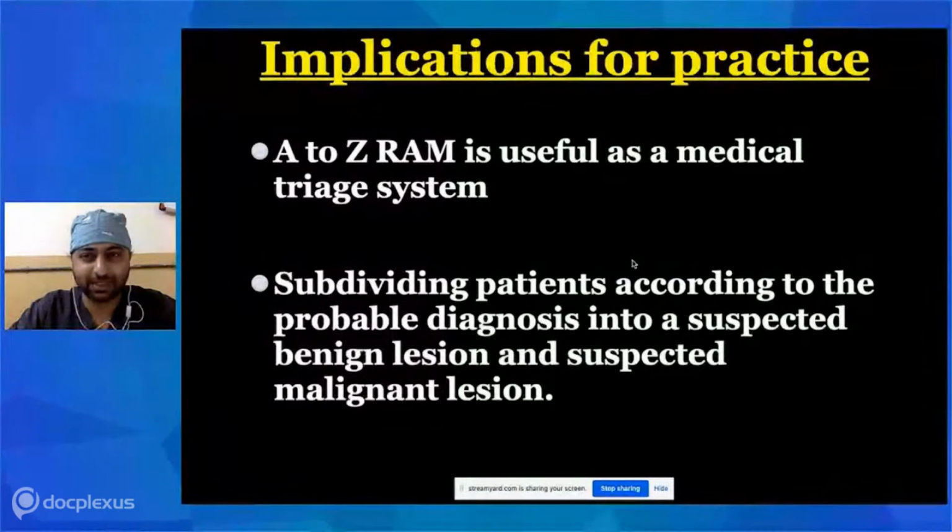It's basically a method used in war-like situations where a person is injured and you want to do triage of the patient. It can subdivide patients according to the probable diagnosis. Again, I would like to insist, it's a probable diagnosis and you can have success with multiple methods, but this is an easy method, and you can divide patients into suspected benign lesion or suspected malignant lesion.